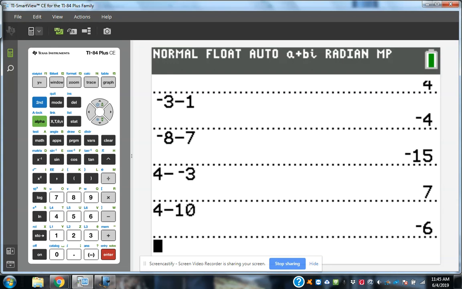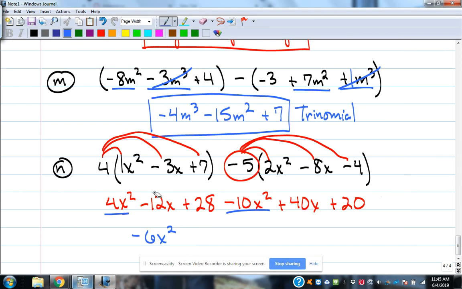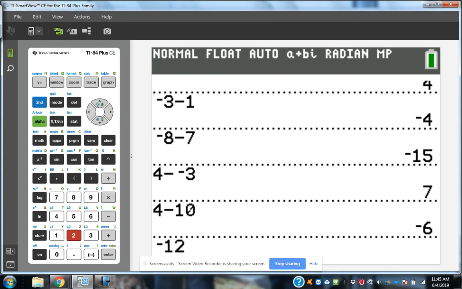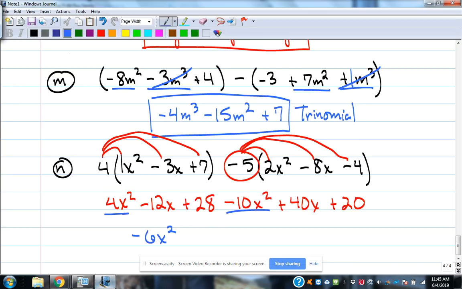So that's 4 minus 10, just using the sign that's in front of it. And here we have a negative 12x and a positive 40x. So I'm just doing negative 12 plus 40, 28x positive, so it's positive 28x plus. And then 28 and 20, that'd be 48.